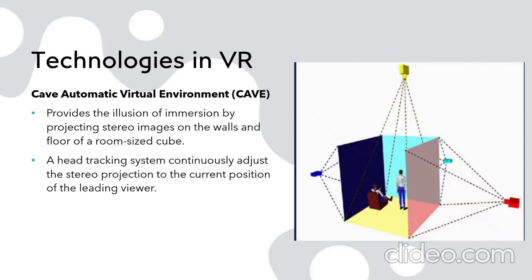And the third type is cave automatic virtual environment, and it is a room-sized immersive virtual environment. It typically consists of multiple large screens or projectors placed on the walls, ceilings, and floor of a room. Users enter the cave and wear 3D glasses to experience 3D visuals.